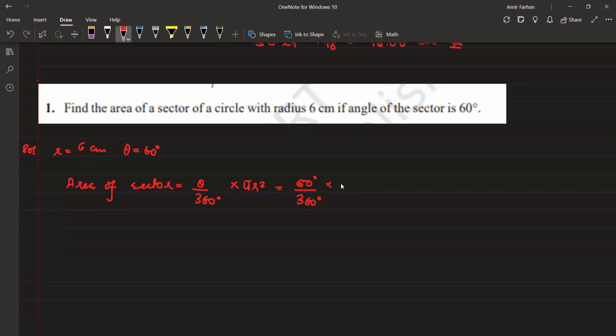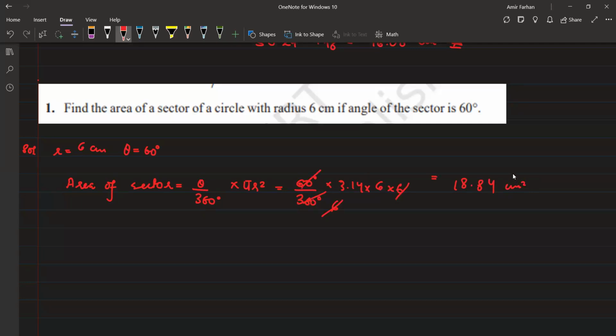Pi is not given, so we can take 3.14, because 22/7 has no factor here. 6 and 6, so it comes out to be 18.84 centimeter square.